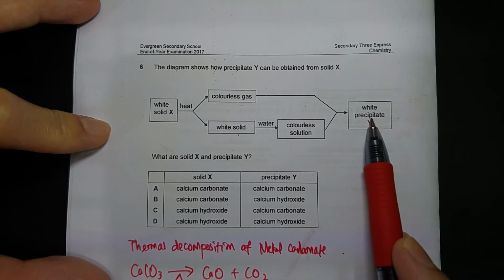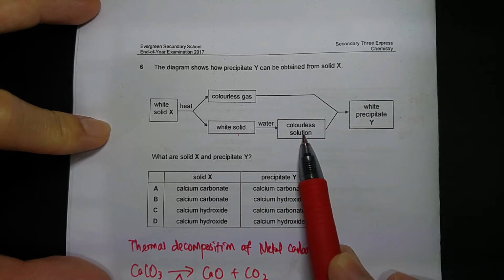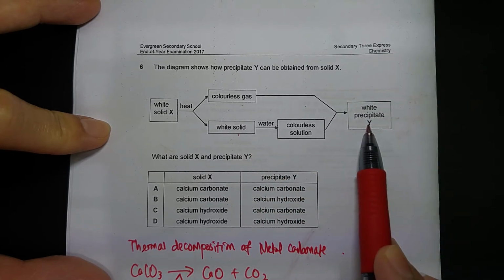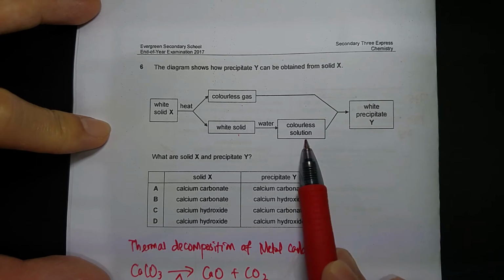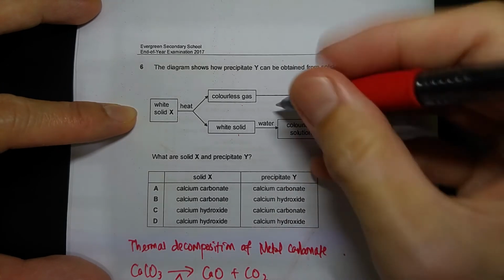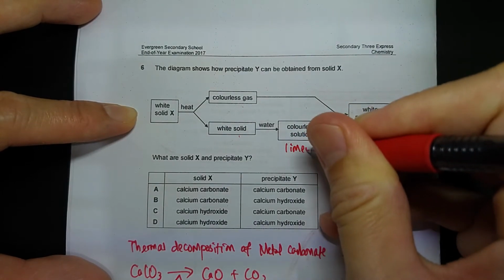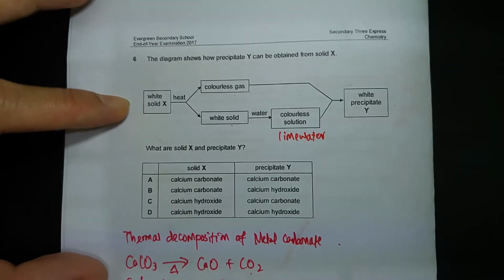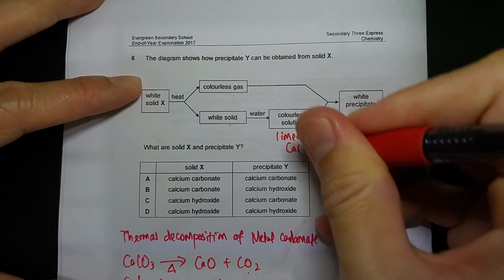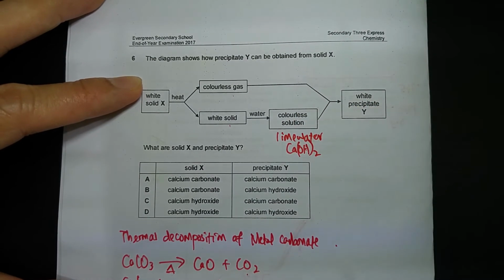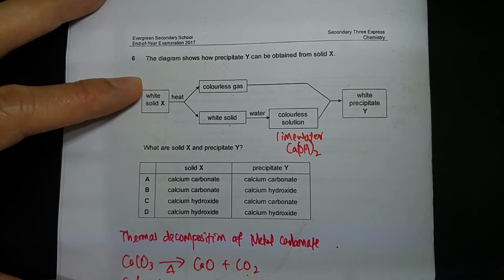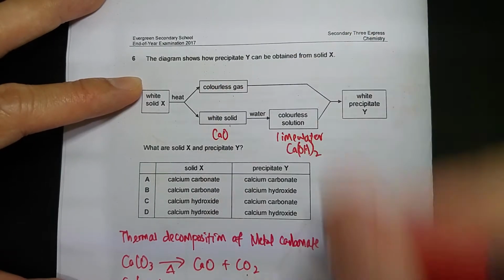So this sounds like a test for carbon dioxide. Carbon dioxide bubbled into lime water, you get a white precipitate. So this one must be lime water. I told you already, the chemical name for lime water is calcium hydroxide, meaning that this one must be calcium oxide.